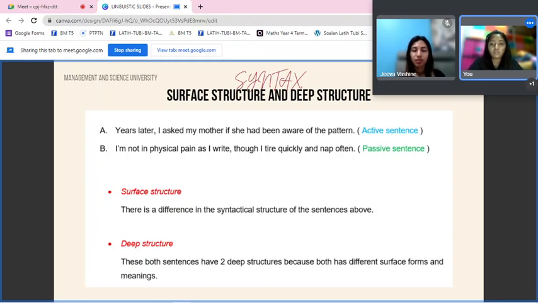The surface structures of both sentences differ in syntactical structure because they are not the same type of sentence. Both have different elements, active and passive. And both sentences have two deep structures because they have different surface forms and meanings.